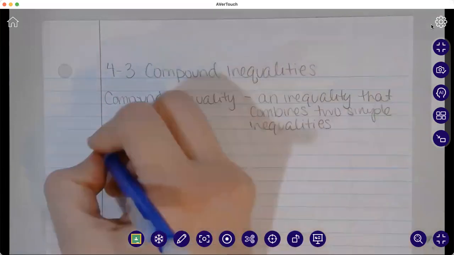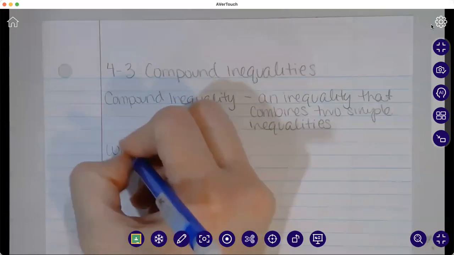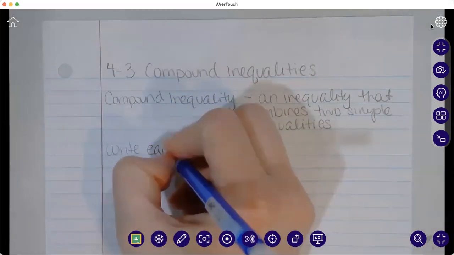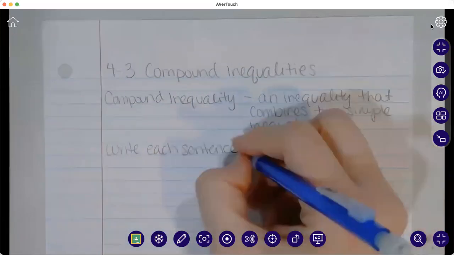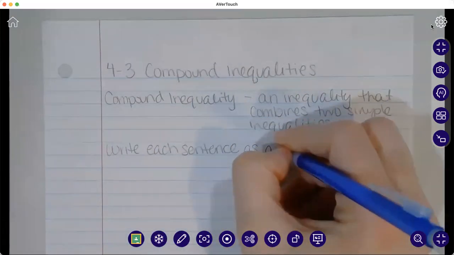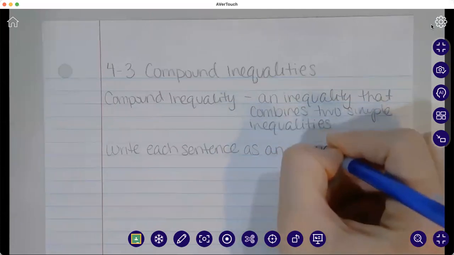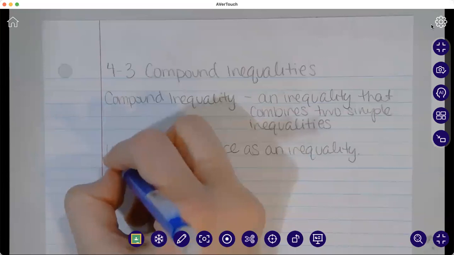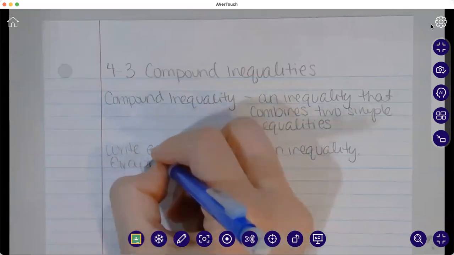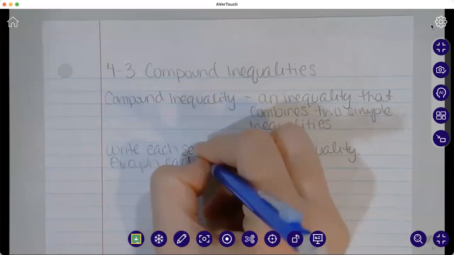So the first thing we're going to do is write each sentence as an inequality, and we're going to graph each inequality.